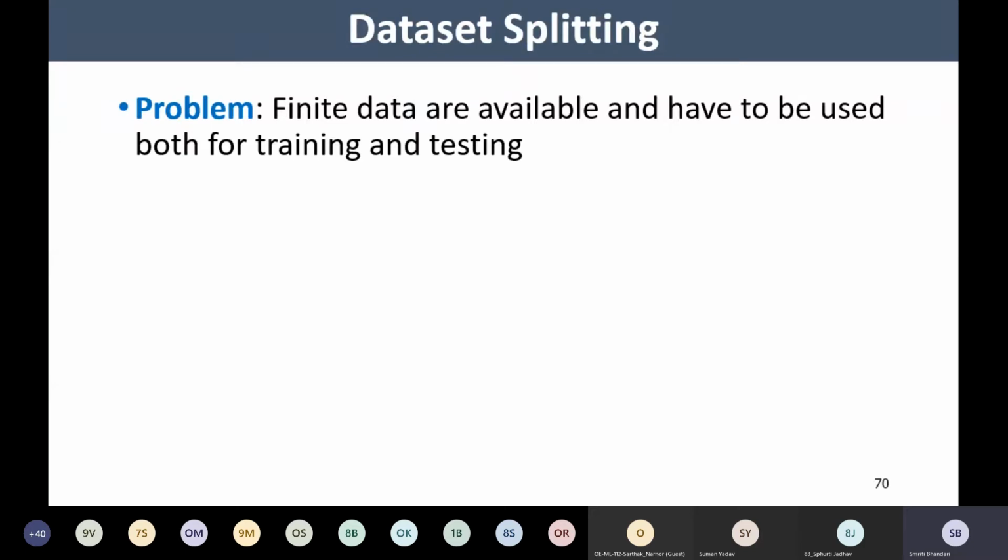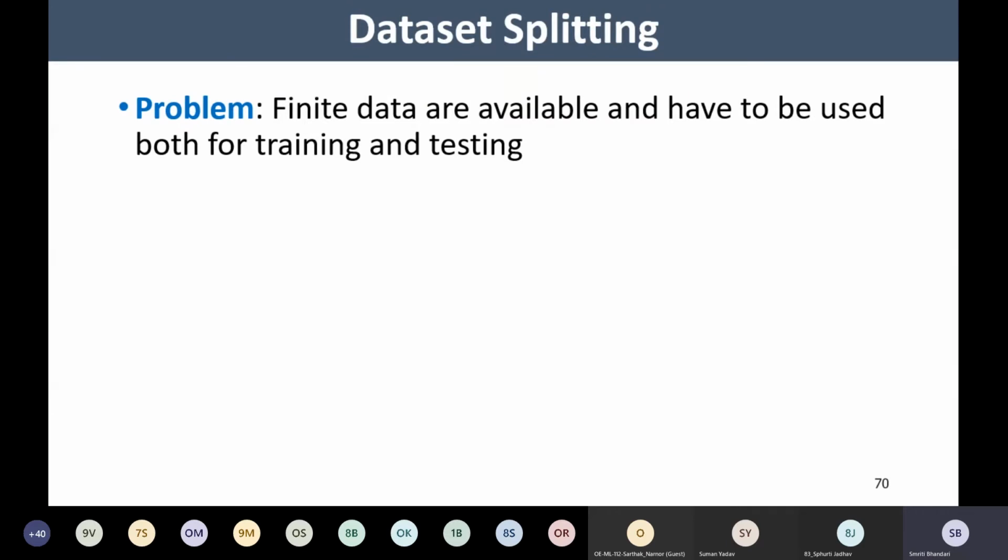I am provided with 1000 examples describing 1000 patients, and I want to find out whether the patient is diseased or not diseased, right? So those 1000 samples I need to use for training as well as testing or validation, maybe.